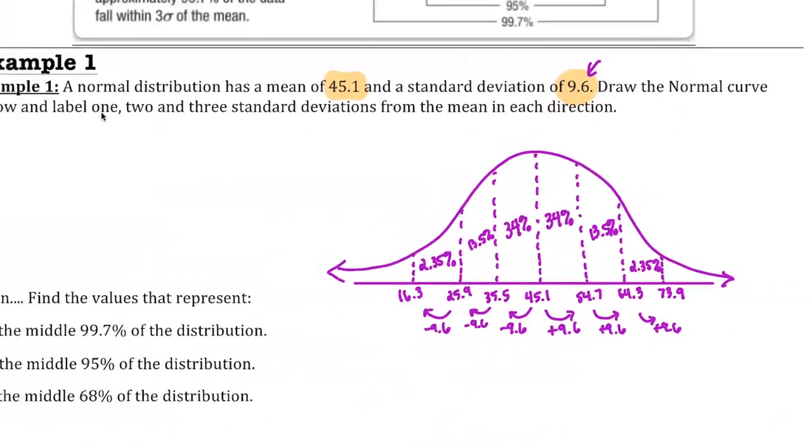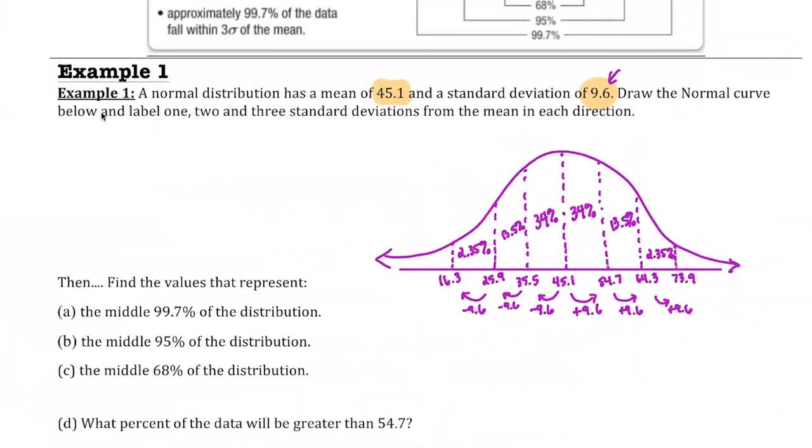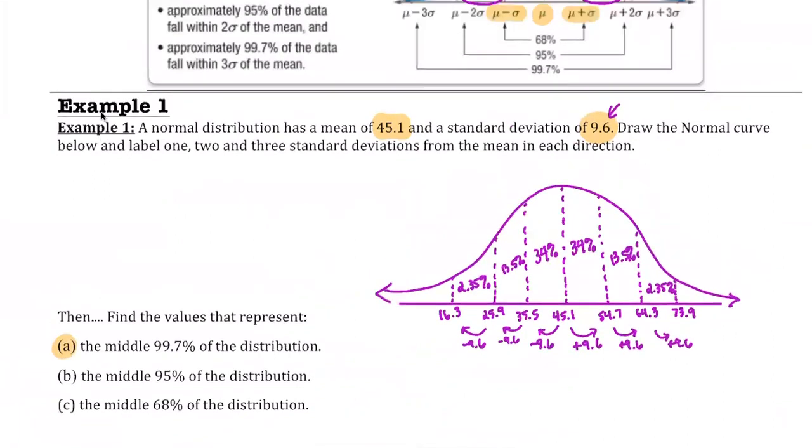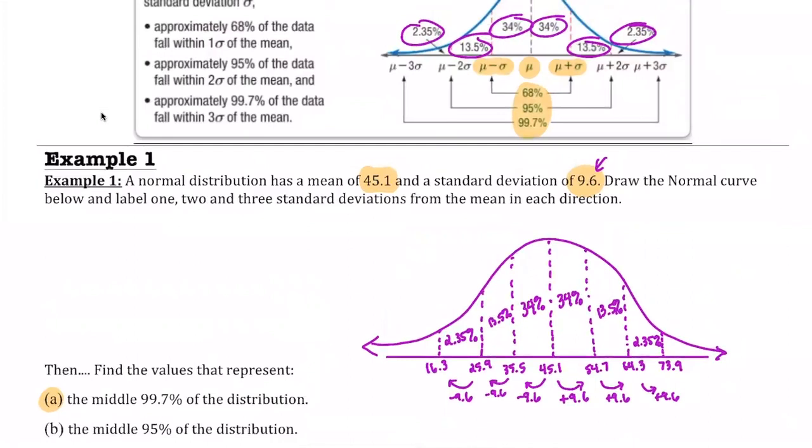Now that we have our normal curve for this scenario, we can go through and answer some of our questions. Part A asks about the middle 99.7%. I also have the general percentages up here, which show how much is between each of those individual values.